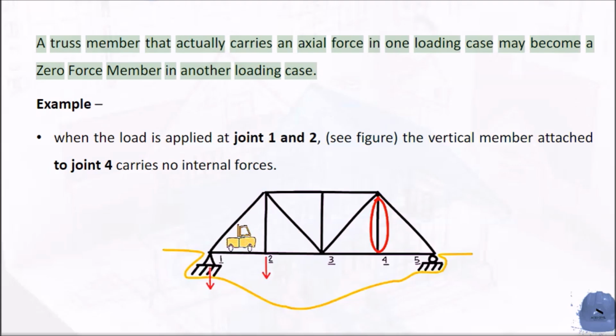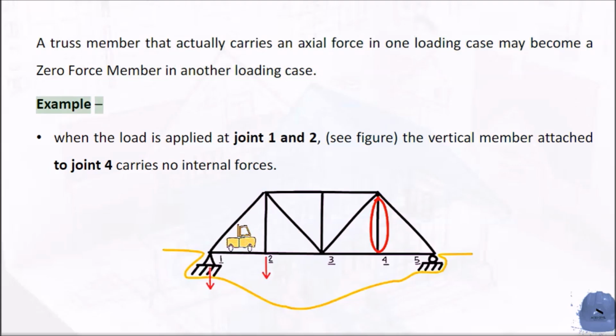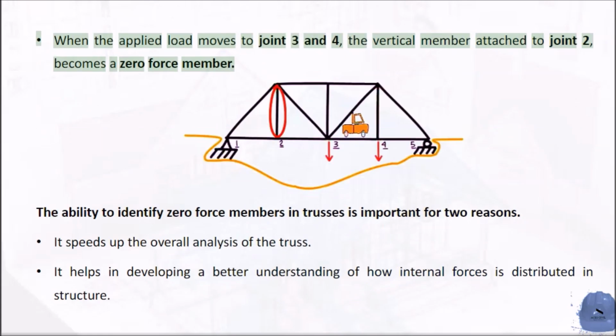Example: when the load is applied at joints 1 and 2, see figure, the vertical member attached to joint 4 carries no internal forces. When the applied load moves to joints 3 and 4, the vertical member attached to joint 2 becomes a zero-force member.